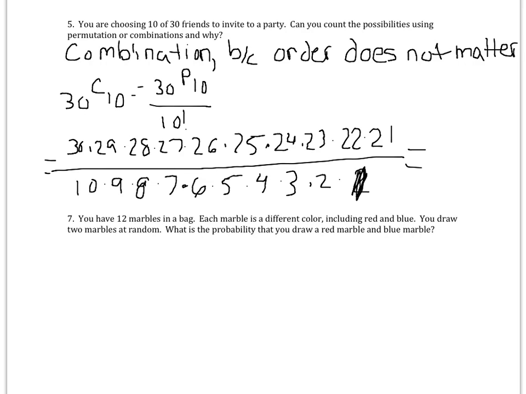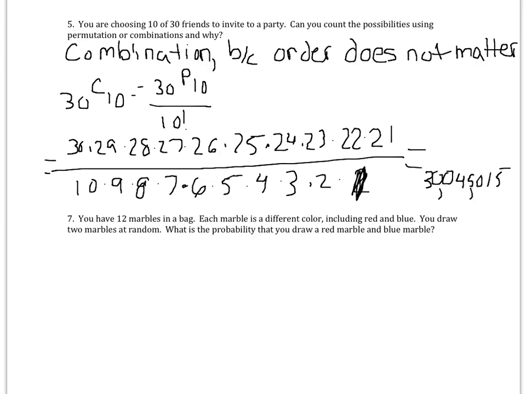This one I need to use a calculator for. So, 30,045,015 ways of choosing different groups of friends. That's a lot.